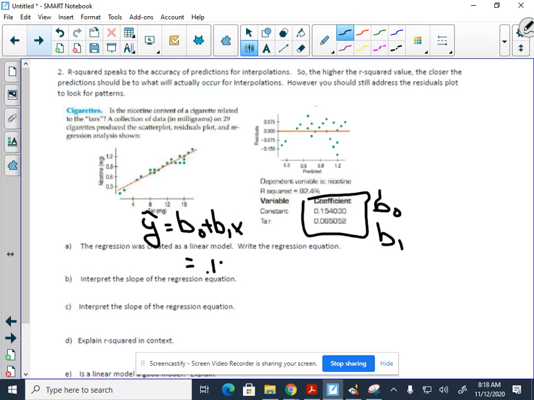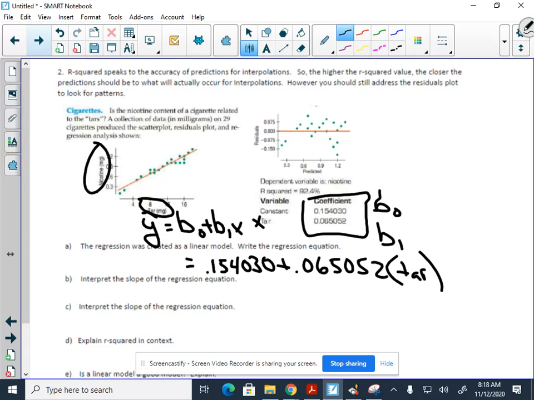So 0.154030 plus 0.065052. X is always here, so this is the tar, probably in milligrams. I'll just put tar there, and then we have to figure out y. There's a couple places we can figure out y. It's got tar down here as x, and it's got nicotine, both in milligrams. So nicotine is what we're trying to predict.